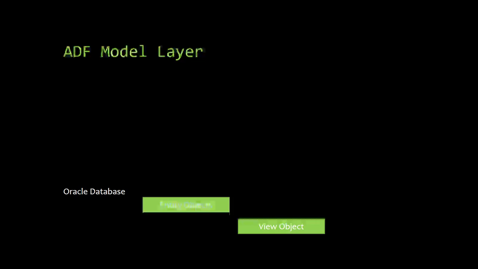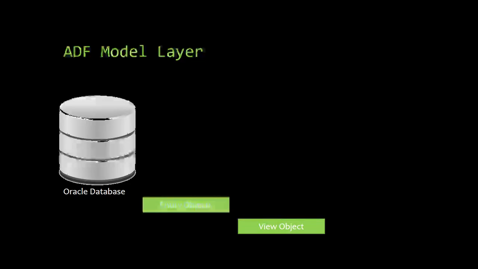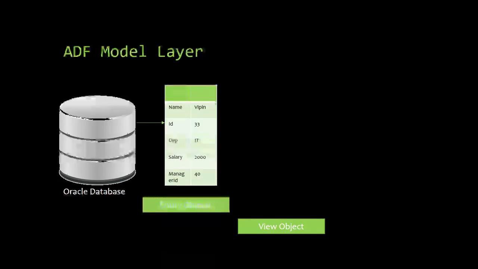Now, how does it fit in the ADF model layer? First is your database where all the data resides, then your entity object. Whenever you are going to fetch some record, or you want to do some changes, that is where your entity object creates an instance of that row. That is your employee object instance.